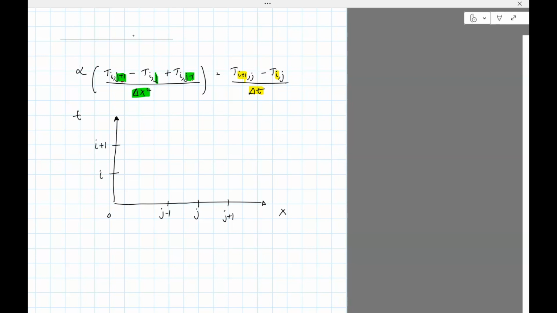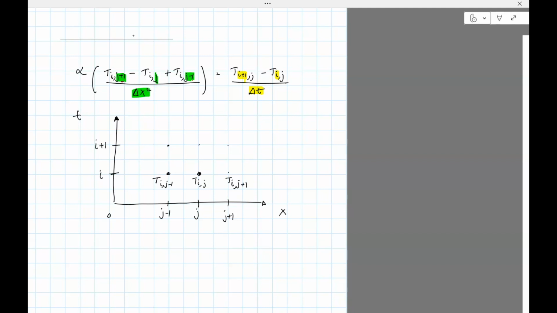Okay, now let's write what the combination is. So this one is T(i, j-1). This is T(i, j). This is T(i, j+1).